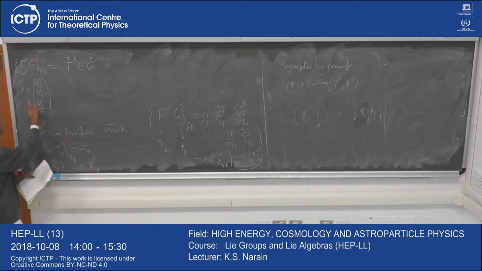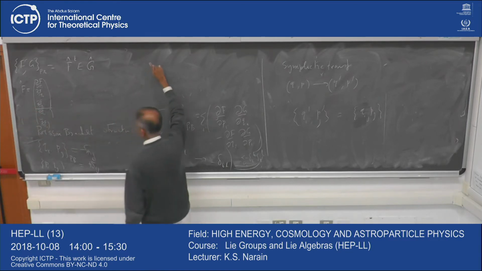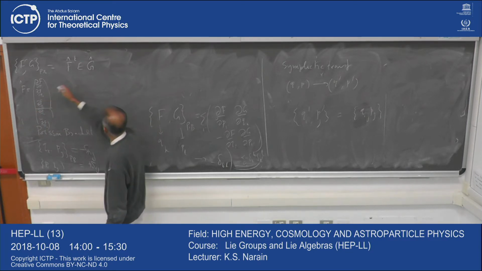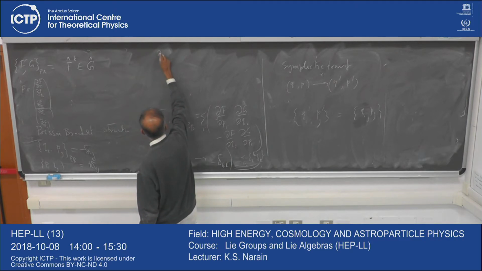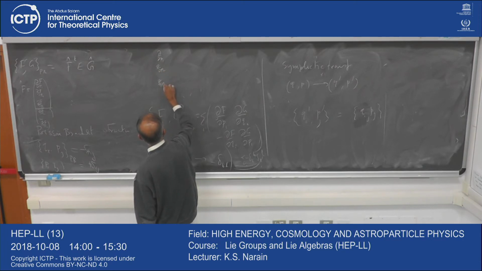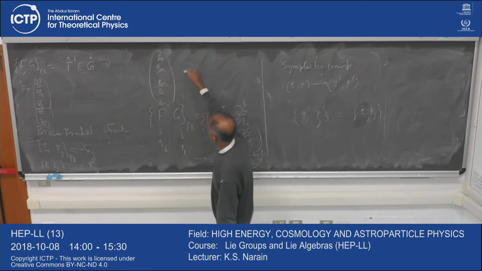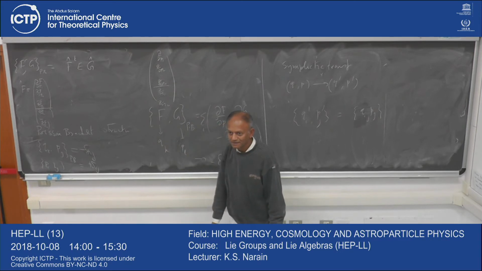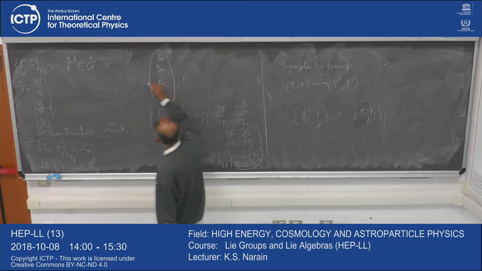So f hat is nothing else but applying this operator: d by dp1, d by dp2, all the way up to d by dpn, and then d by dq1, all the way up to d by dqn. So this operator acting on some function, if it acts on f, I just call it f hat.